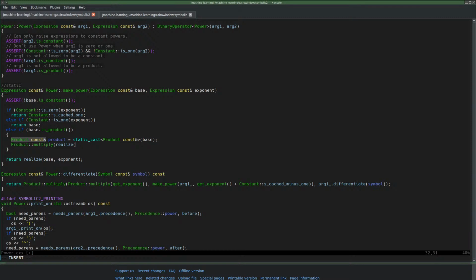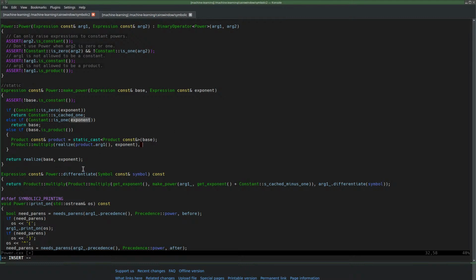And then I can do a realize of the first argument of the product to the exponent, multiplied with the same for the second argument.